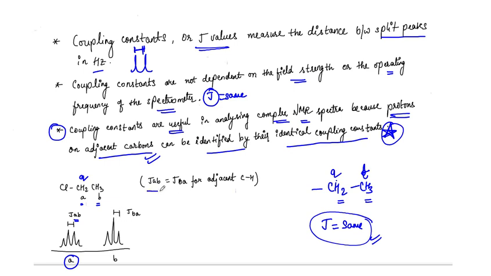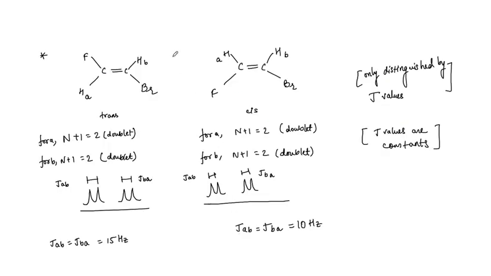So both JAB and JBA are going to be equivalent for adjacent protons. This is how it works. You must have seen it in any standard book that you are studying NMR spectroscopy from, right? So adjacent protons are going to give the same coupling constant value.